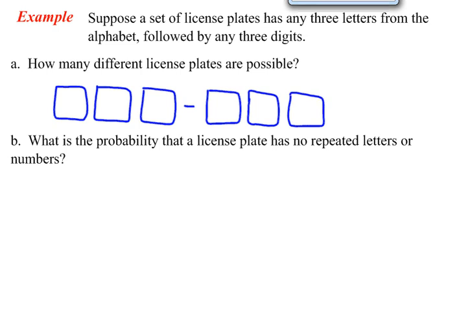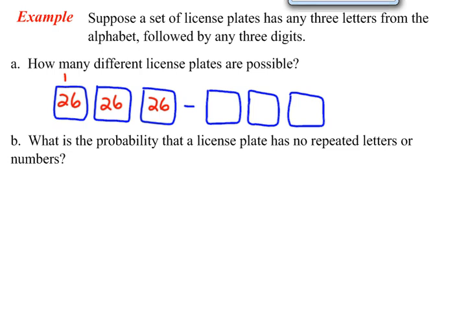Now the question is, how many possible options are there for each of these positions? So in the first position, how many possible letters could go right there? There are 26 letters in the alphabet, any of the 26 could go there. The next box represents a letter also. They didn't say that we can't repeat letters, so I guess we can. So any of the 26 letters could go there also, and the same with the third position where a letter goes as well.